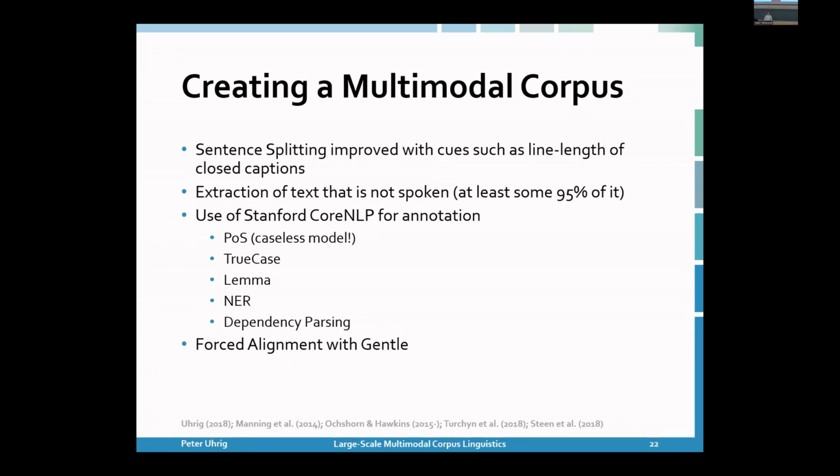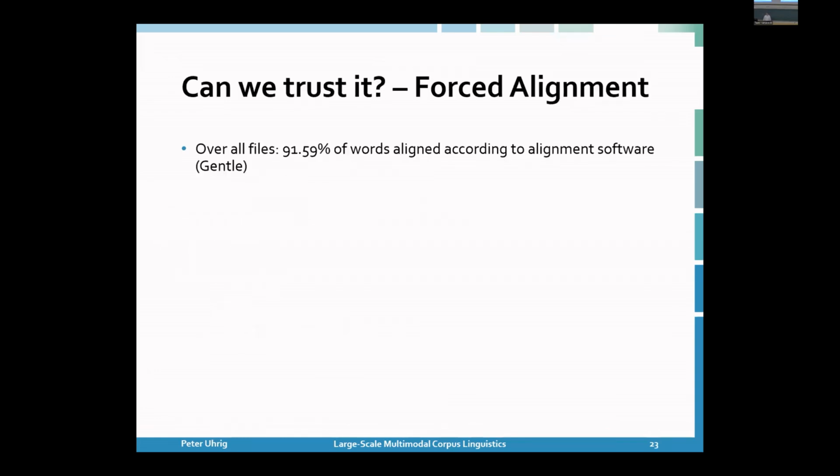And then the computer comes up for every word with start and end time in that audio signal. And how good does that work? Well, overall, the tool that we're using, Gentle, reports itself with something like 91.59% success rate.